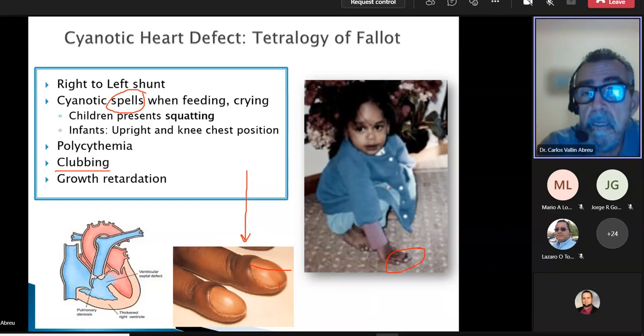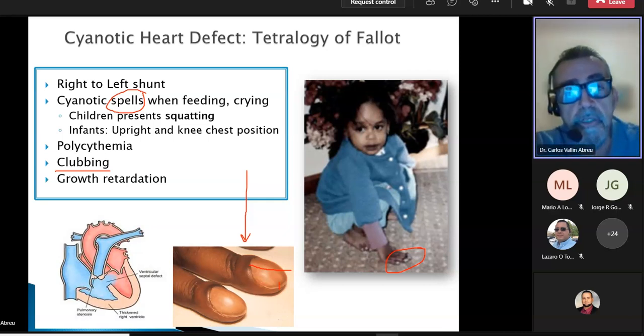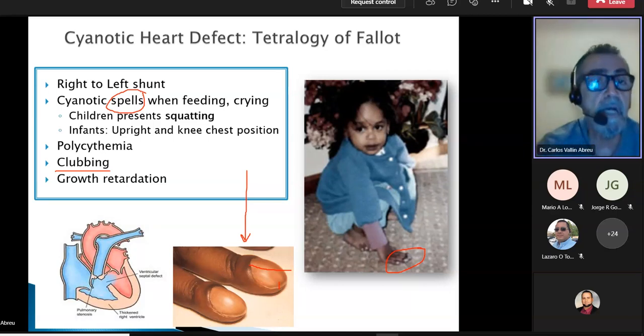When this girl is grown, she can run, she can walk, she could be playing, and then develop this exacerbation. But it could also be a younger child when feeding or crying, because I already explained to you that the way that small children exercise is when they are sucking, feeding, or crying.